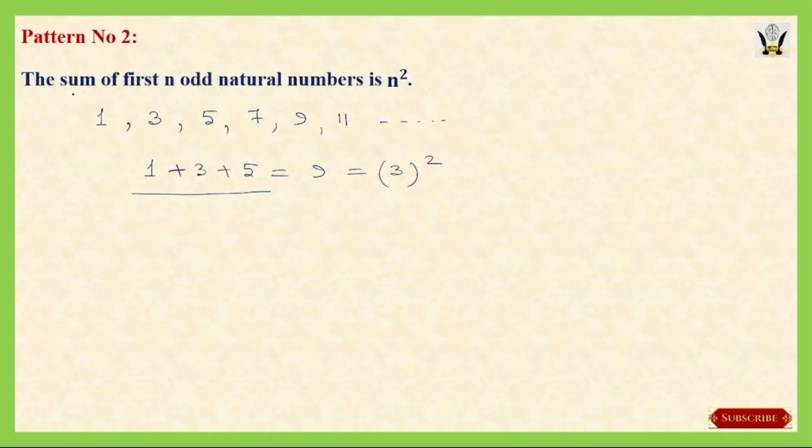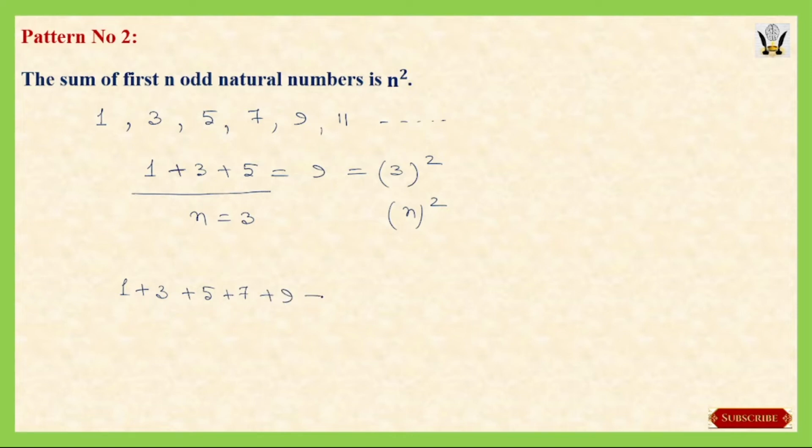So what is the pattern? The sum of the first n odd natural numbers, here n is 3, will be n square, or 3 square. Now if we choose the first 5 odd natural numbers, it will be 1 plus 3 plus 5, then 7, and then 9.